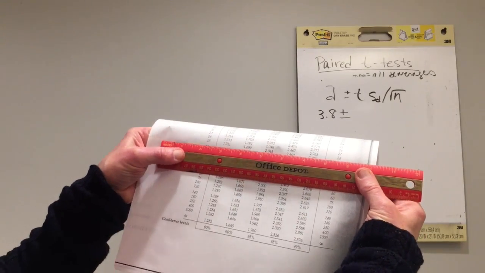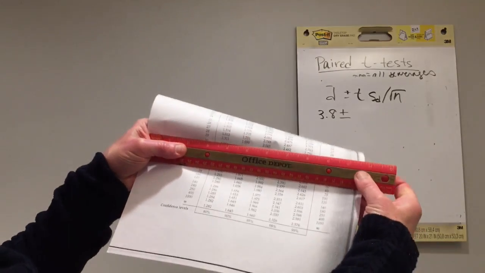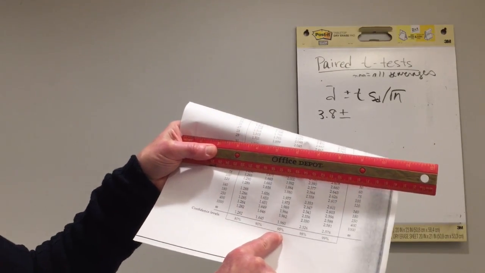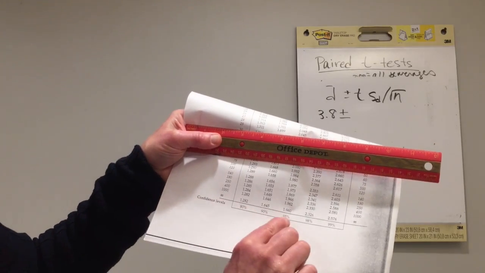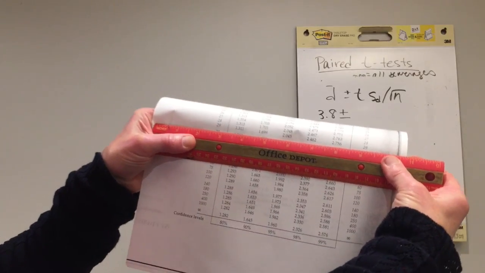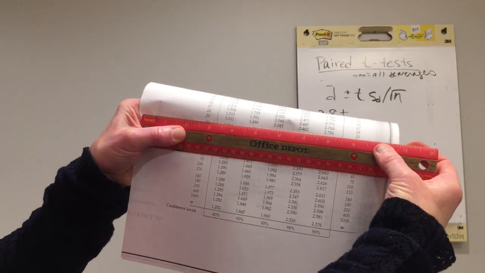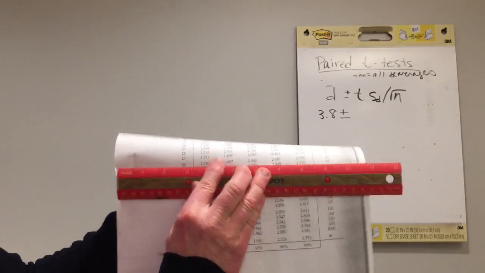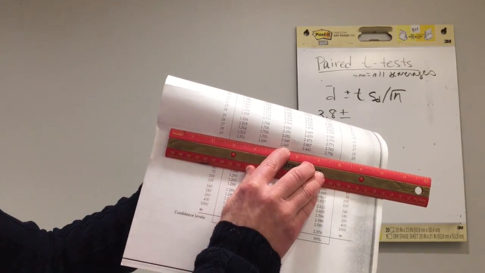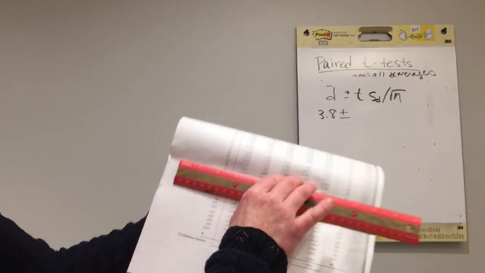So if we want 95% confidence, remember the confidence level is at the bottom, p-values are at the top. So 95% confidence, 29 degrees of freedom. So our t-statistic is 2.045. 2.045 for 95% confidence, 29 degrees of freedom.